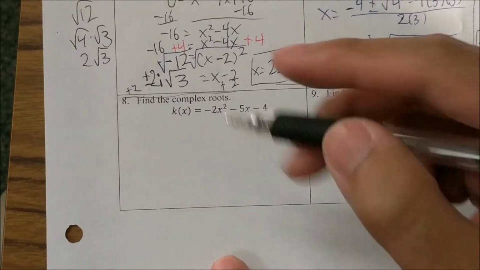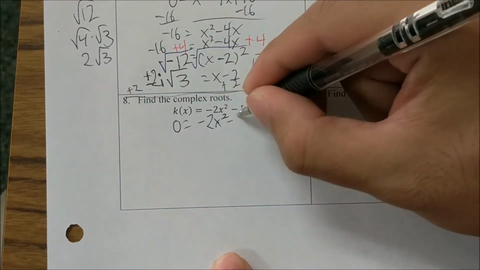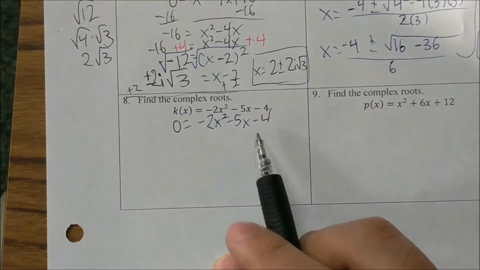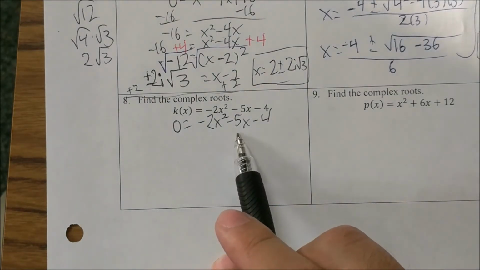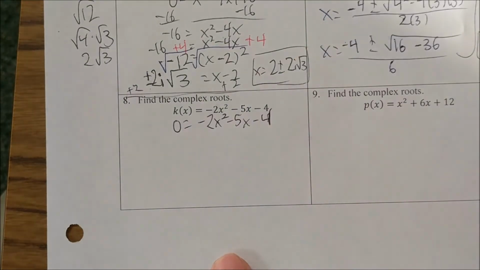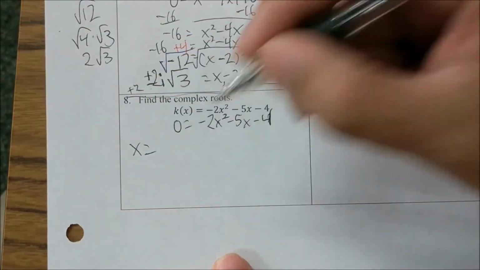Okay, find the complex roots again. So an option is you could move everything to the other side or multiply through by negative 1 to get rid of all these negatives, but I'll just do it as it's written. So I'll use the quadratic formula again.